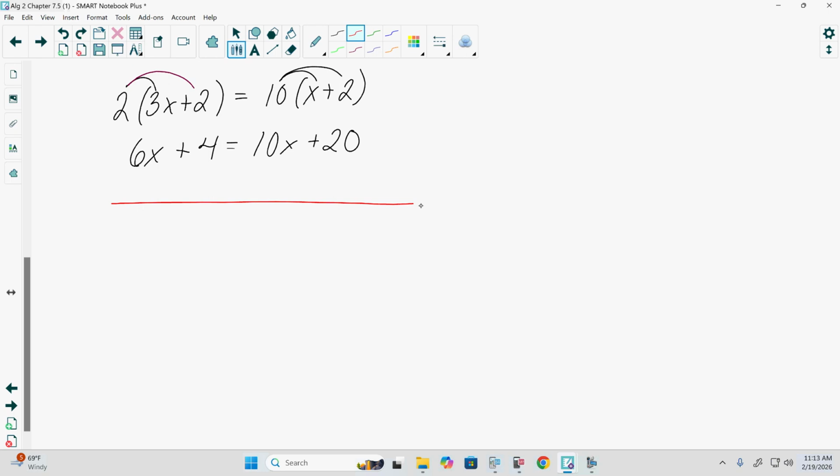We can minus 4 from both sides. I need to move the numbers without x onto one side, and I need to move the numbers with x onto the other. So our 4 minus 4 will give us 0, leaving us with 6x on the left-hand side. On the right-hand side, we'll still have the 10x, but 20 minus 4 is going to be plus 16.